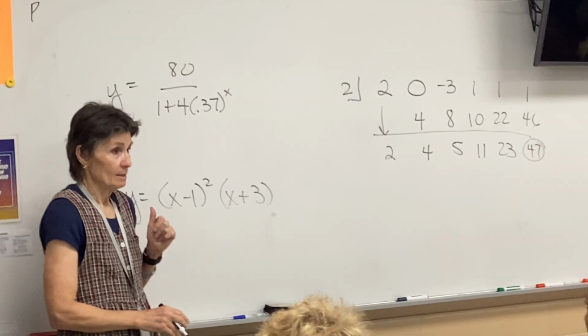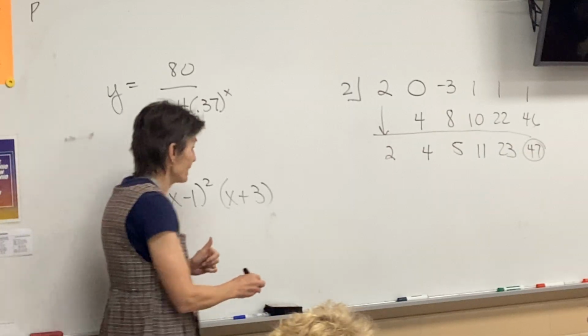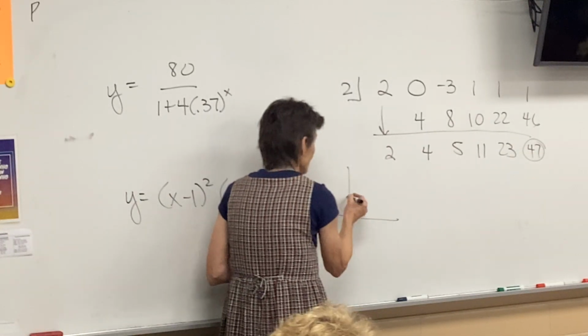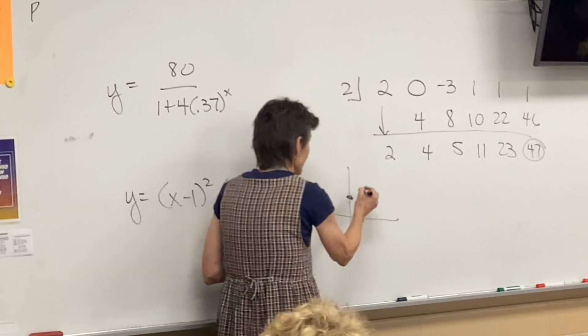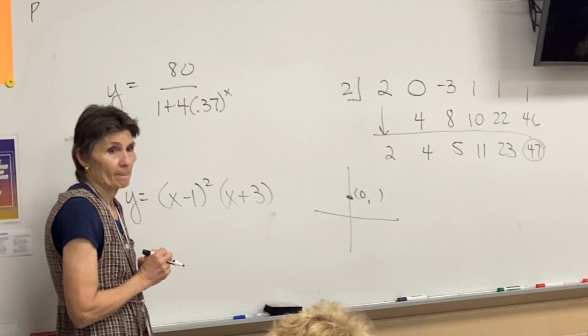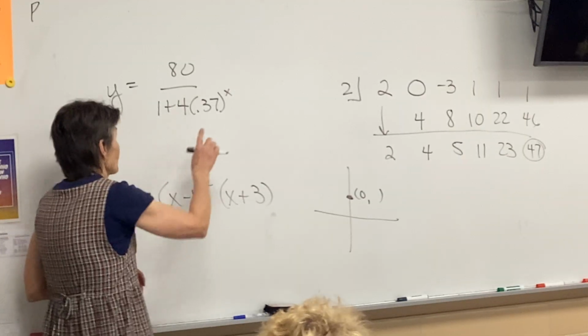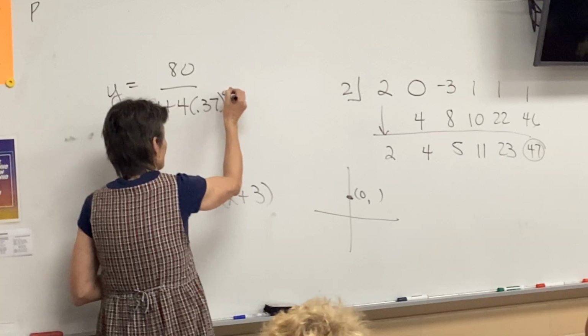Plug in 0 for x. Because if you are a y-intercept, doesn't that mean you're 0 comma something? So you're going to let x be 0. So I'm going to put a 0 right here.